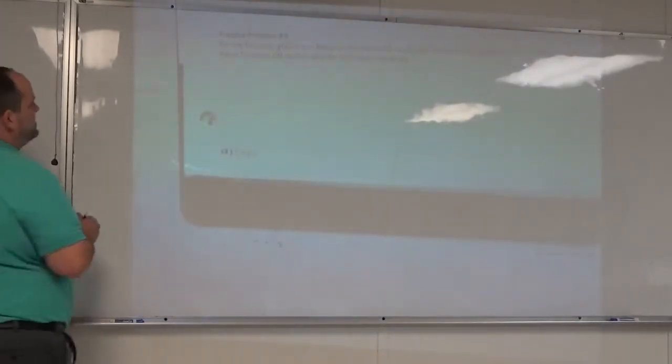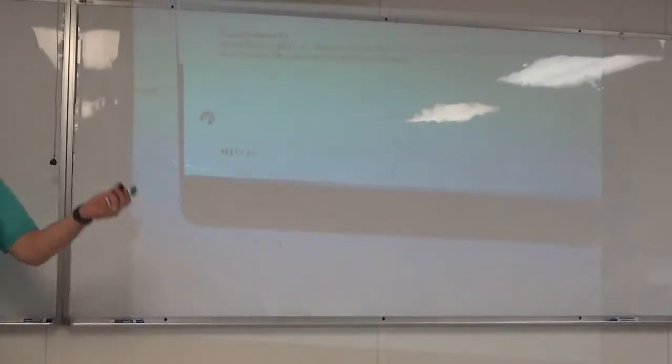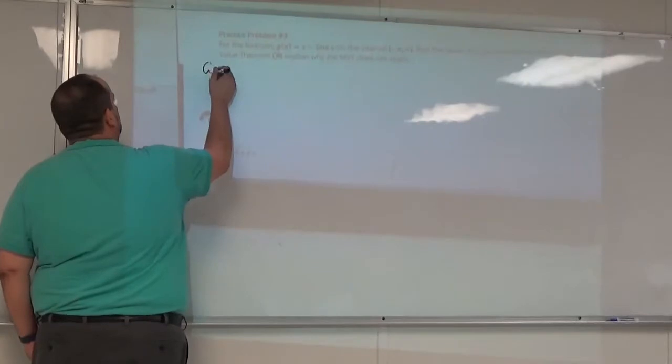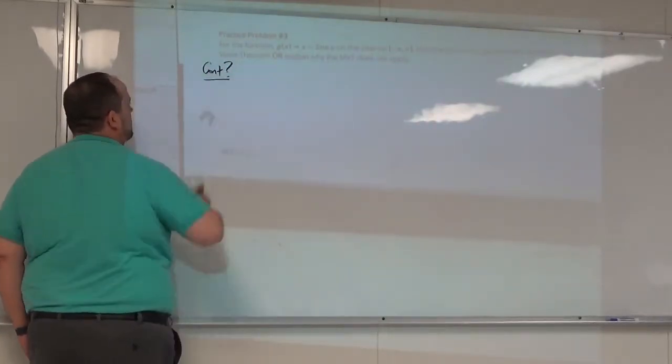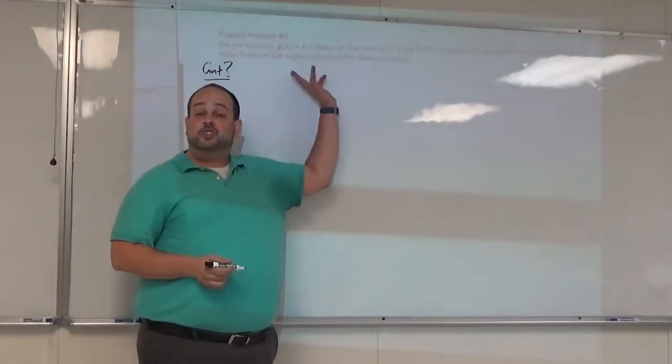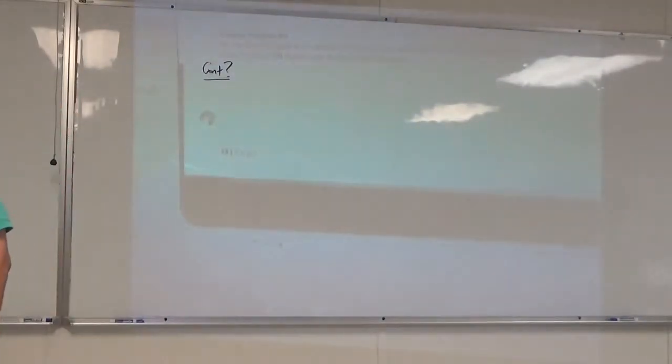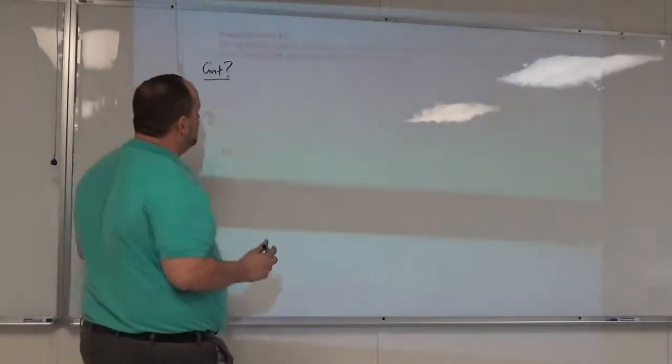First question has to be, is the function continuous? The graph of g equals x minus 2 sine of x, is this continuous? Another way to ask this question, does it have any problem areas? Are we trying to divide by 0? No. Are we trying to take a square root of a negative number? No. Absolutely not.